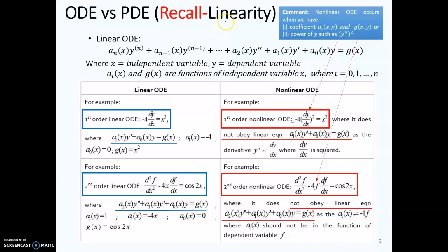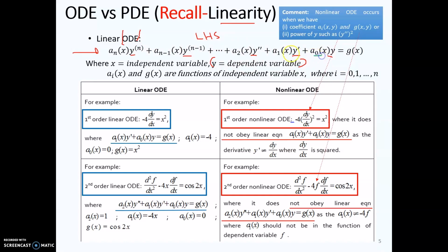Previously, to identify the linearity of the ODE, you need to arrange the equation in this format, where on the left hand side, you have y, which is arranged in the form of y, y prime, y double prime, and so on. So this is the dependent variable.